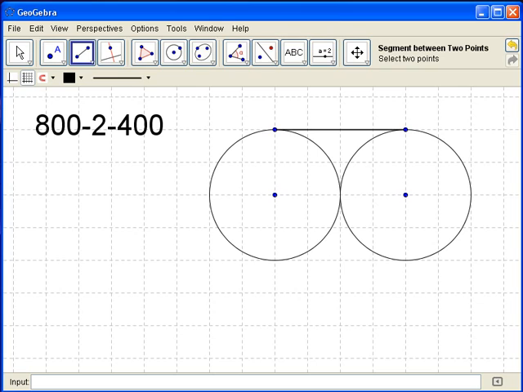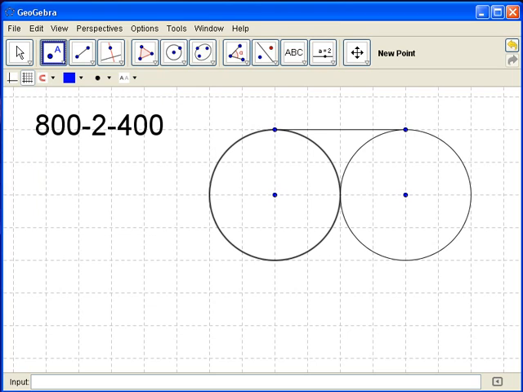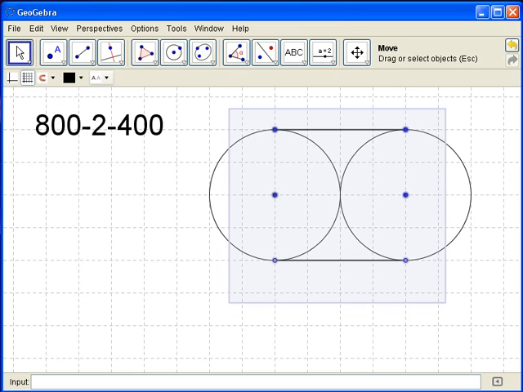And the chest circumference would be like this. Again, let's hide the letters. So, let's see, how do we work this out?